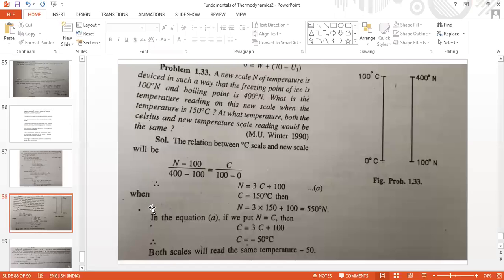Now is my screen visible? No sir. Some problem is there at your side. Okay, anyhow.